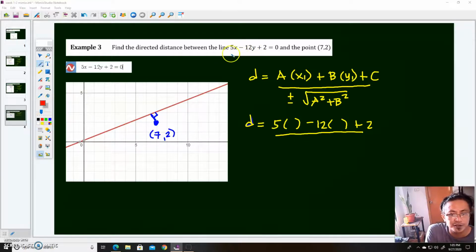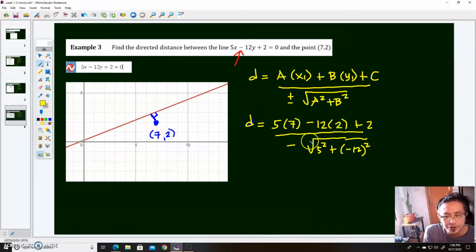So let's just take note of that. That's a negative, so we have to use a negative denominator. Then again, this is 5 squared, and then b is negative 12, and then squared. So 7 will go in here, 2 in here, the coordinates.